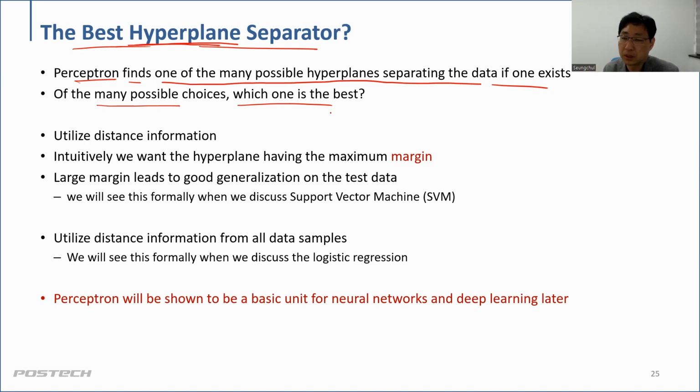That means an optimization problem. Remember the definition of optimization: we want to find the best solution out of some candidates. So you can guess that this is going to be an optimization problem because we want to find the best one out of many possible choices.